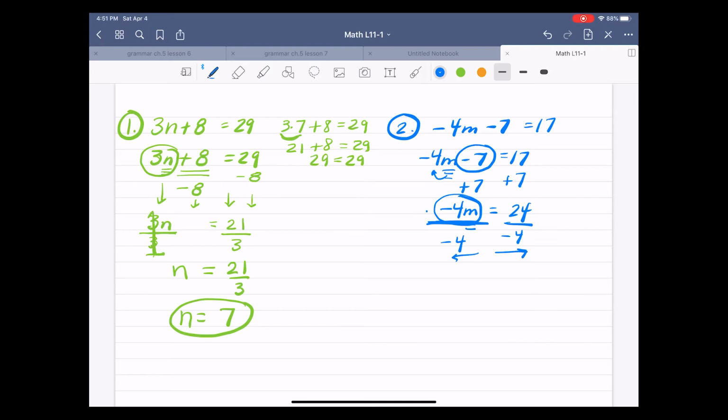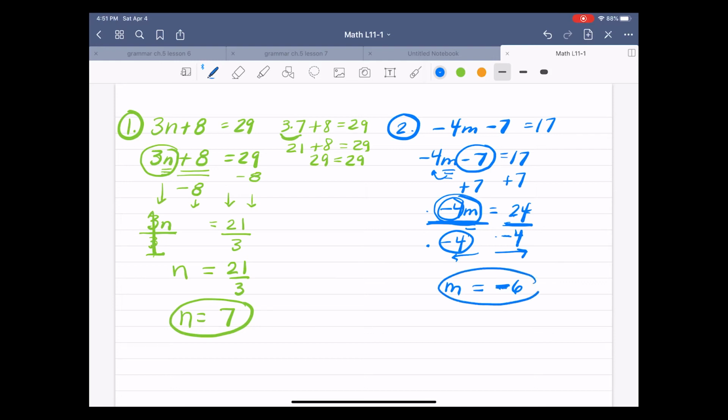Negative 4m divided by negative 4 is m. Negative 4 divided by negative 4 is 1. 1 times m is m. 24 divided by negative 4 is negative 6. So 24 divided by 4 is 6, and then a positive divided by a negative is going to be negative.